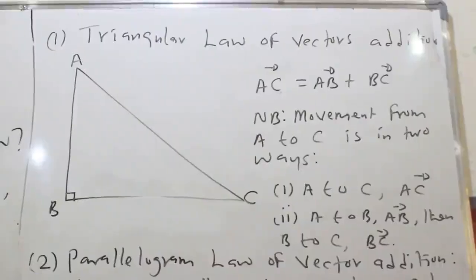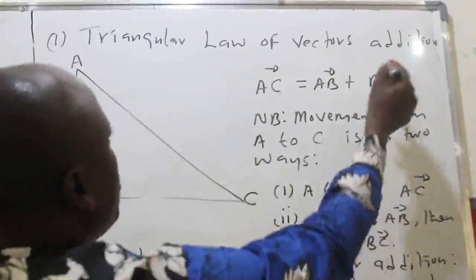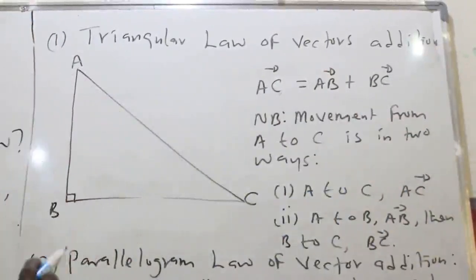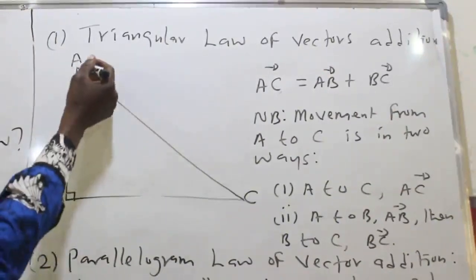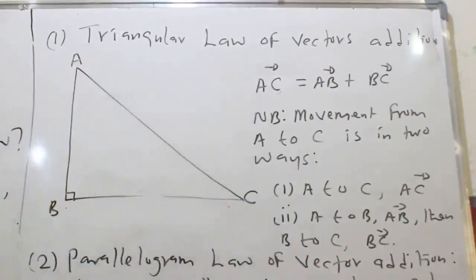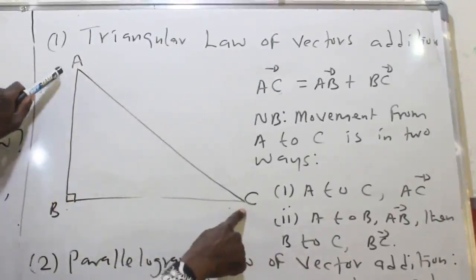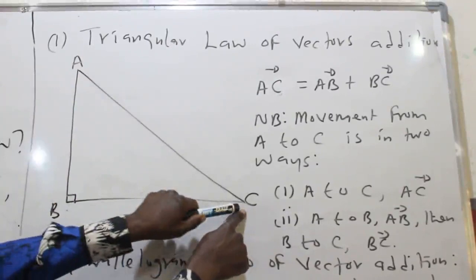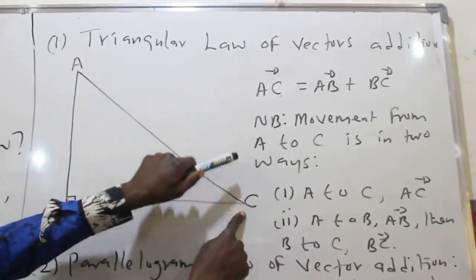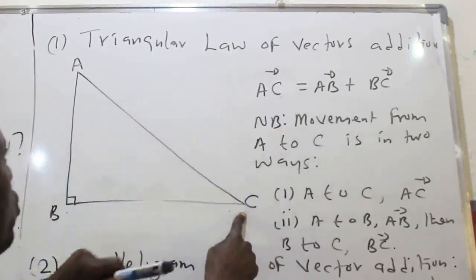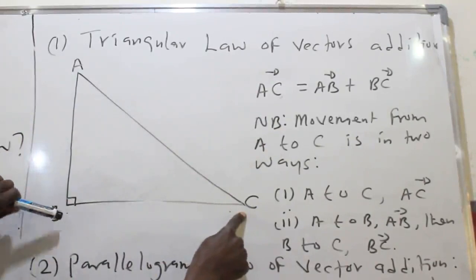Now, we have one, that is the triangular law of vector addition. Once you have a right angle triangle like this, A, B, C, if somebody is at point C and you are at point A, you want to reach him at point C. You may decide to move from point A to C, which is AC, but you may also use point A to B, then BC.